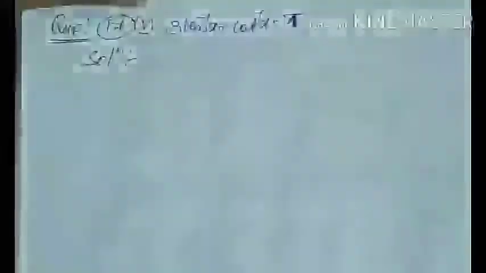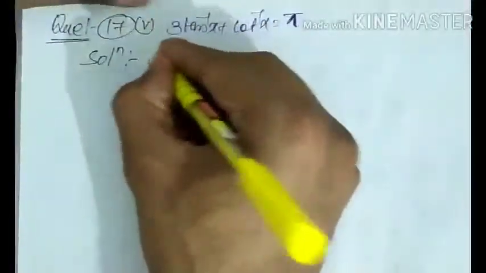Okay, question 17. The given question is 3 tan inverse x plus cot inverse x equals pi, and we have to find the value of x for this equation. Solution: the given equation is 3 times tan inverse x plus cot inverse x equals pi.